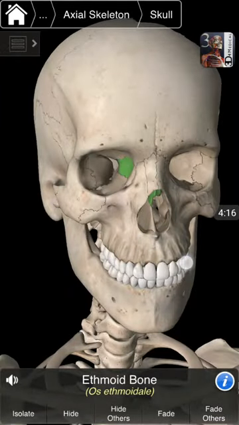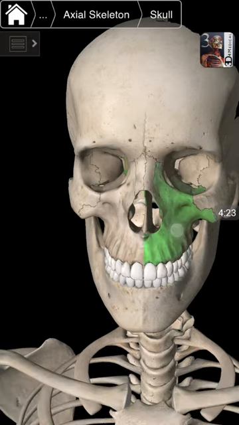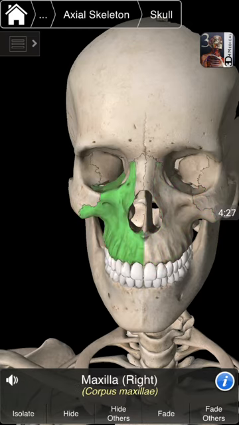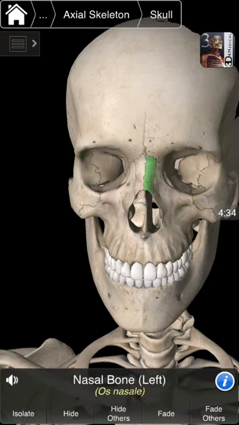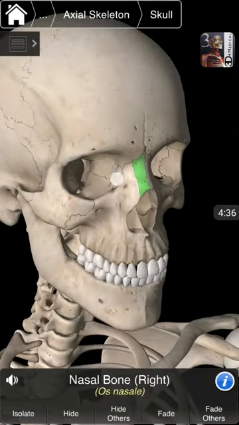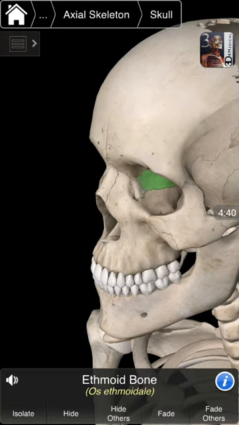The rest of the bones are paired bones. For example, maxilla, zygomatic bones on either side. Then we have the nasal bones, right and left nasal bone. Then we have these small lacrimal bones here.